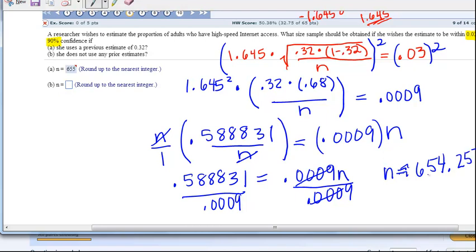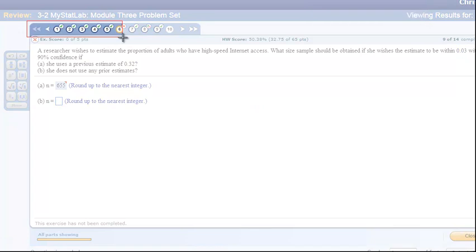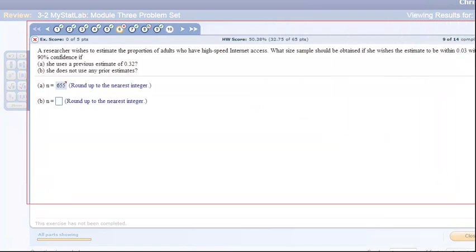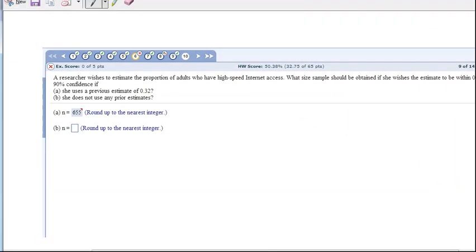And the problem asks that we round up to the nearest integer, because we can't have 0.2 people, so we've got to be conservative and go with 655. And that is the correct answer on that one. So that looks good. Let's go ahead and do another screenshot and take a look at this next one.